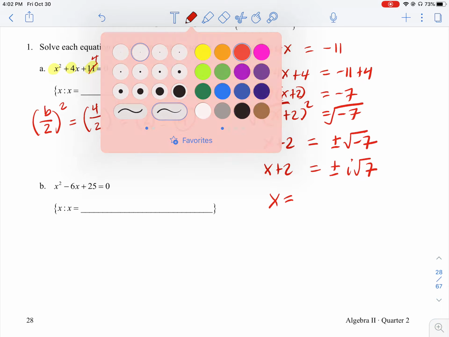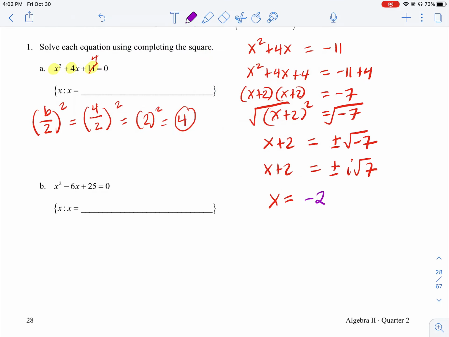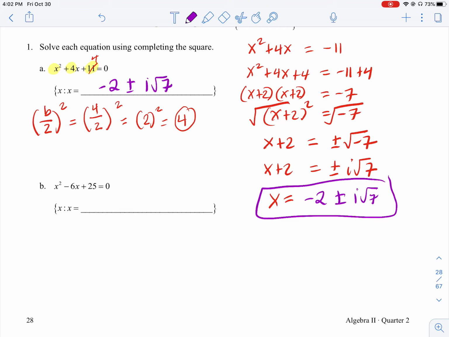So your final answer would be negative 2 plus and minus i square root of 7. Again, your answer could be negative 2 plus and minus square root of 7 and then i on the right side. But I remember I said previously that I don't recommend that because you're going to end up putting the i inside the radical, and that is wrong.